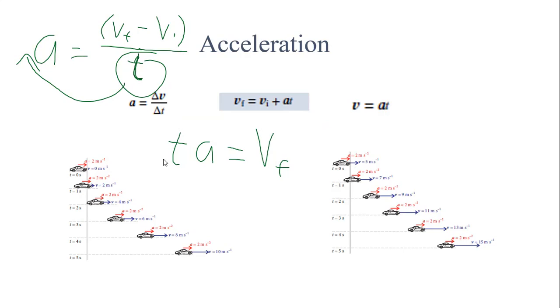So then we get VI plus that. And then we see here, that's how this equation comes about. Now, if the initial velocity is 0, well, then that's just 0, which is where we get this.